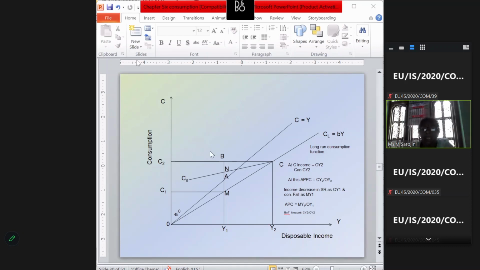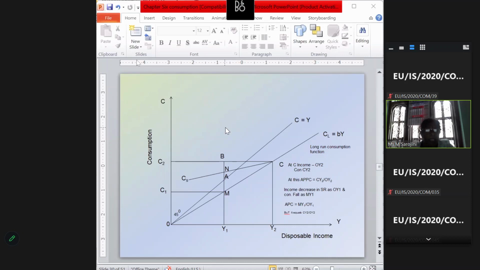Now we will move to this diagram. This diagram explains the ratchet effect of Duesenberry. Here the vertical axis shows consumption and the horizontal axis shows disposable income.